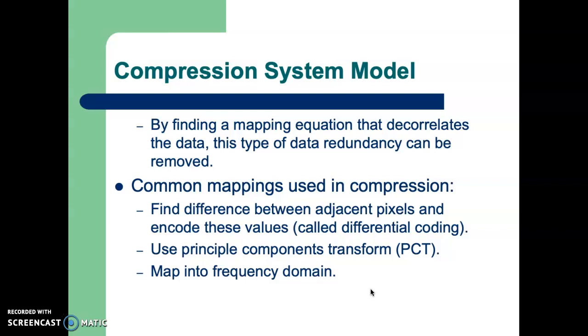So the common mapping used in compression is by finding the difference between adjacent pixels and encoding these values. Okay, we call it differential coding. Or you can also use the DCT. Okay, or you can map it into the frequency domain.